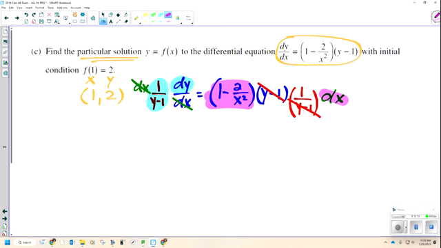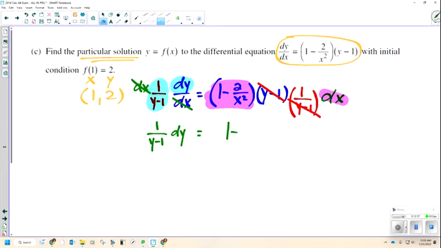So you see how I got my x's and my dx's on the right side, my y's and my dy's on the left. Let's rewrite what we got. 1 over y minus 1 dy equals 1 minus. Now I'm going to have to integrate both sides. It's always easier if I can work with non-fractions that have exponents.